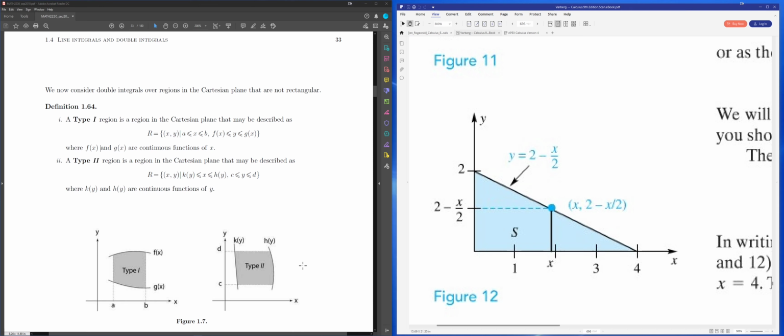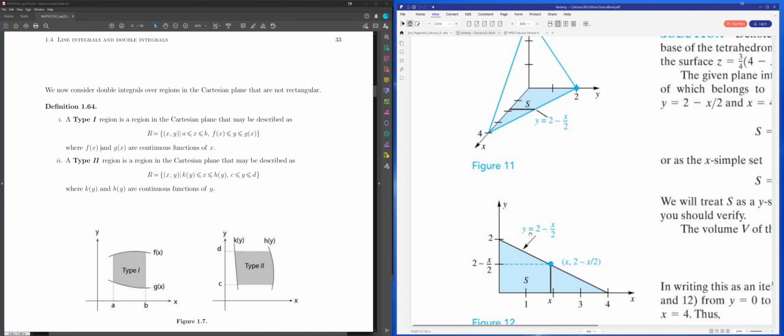Once you have that, what you now need is two functions, x in terms of y. So this y is equal to 2 minus x on 2, what you can do is express x in terms of y. You just solve for x over here. When you do that, I get 2y over here, and I get a 4 over here. Solving for x in terms of y gives me x is equal to 4 minus 2y.